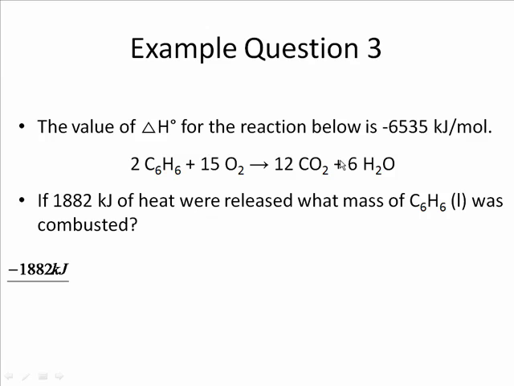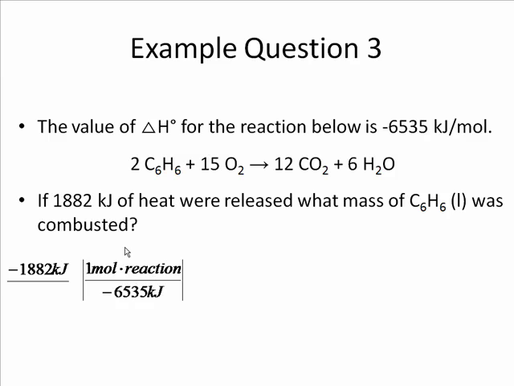So now, from the overall enthalpy change in kilojoules, we need to turn that into moles of reaction. We use this conversion factor, which basically comes from this statement of the thermochemical part of this equation. Every time there's 1 mole of reaction, there's negative 6535 kilojoules. So that turns into a conversion factor right there.